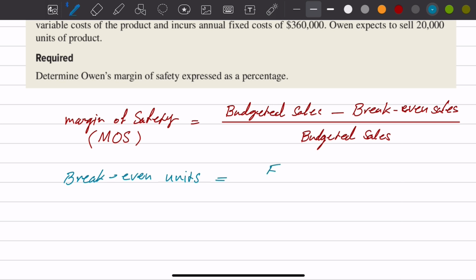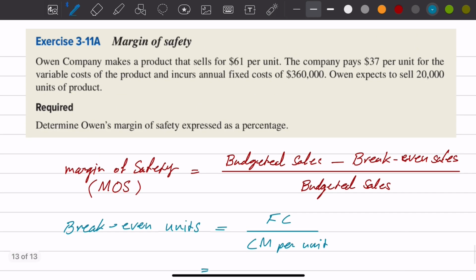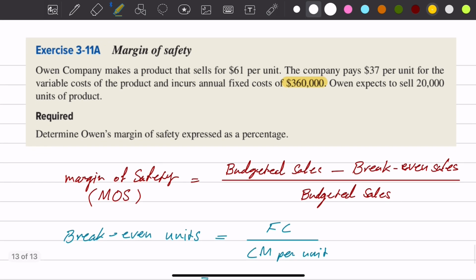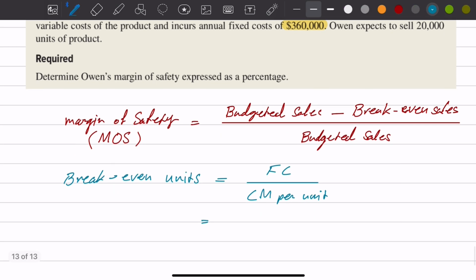So that equals the fixed cost divided by the contribution margin per unit. Right? The fixed costs are 360,000, and we can find the contribution margin per unit from the difference between the selling price per unit and the variable cost per unit.